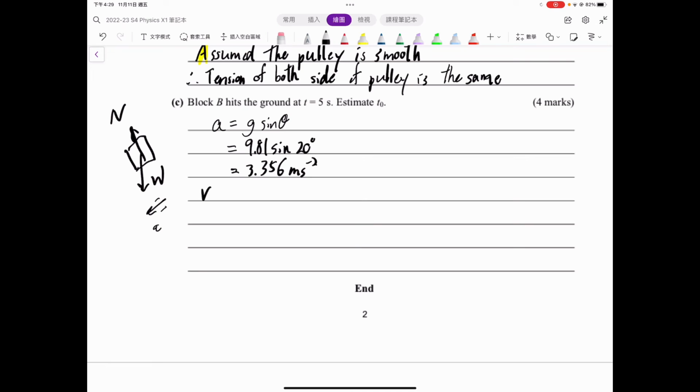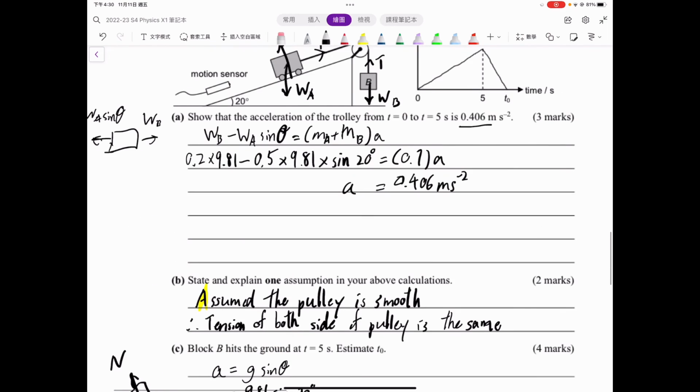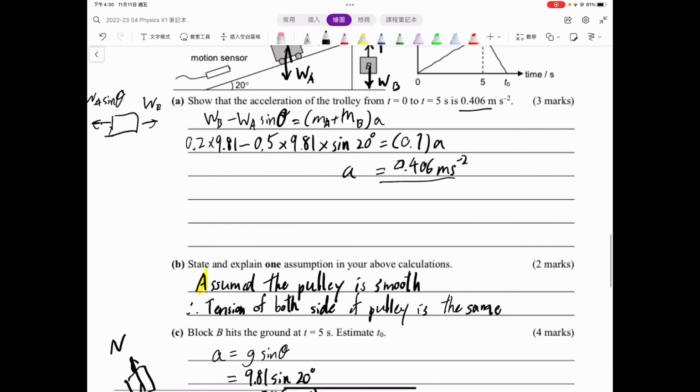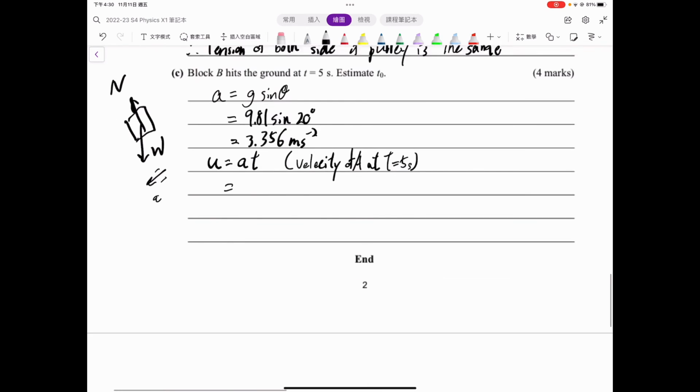And the velocity at t equals 5 seconds would be from the original acceleration, because it is accelerating in this part.